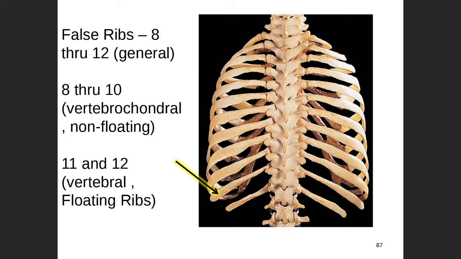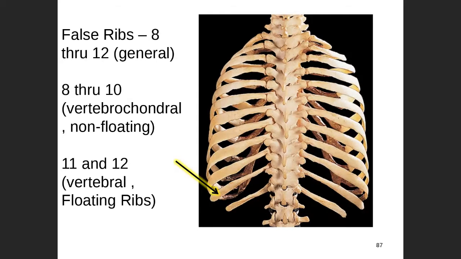I usually start from the bottom, it's just easier that way. So 12, 11, 10, 9, 8, 7, 6, 5, 4, 3, 2, 1. You can actually see rib 1 pretty decently here. On some models I've seen it's tough to see, so wherever I can get a definitive starting point, I'll go with that.